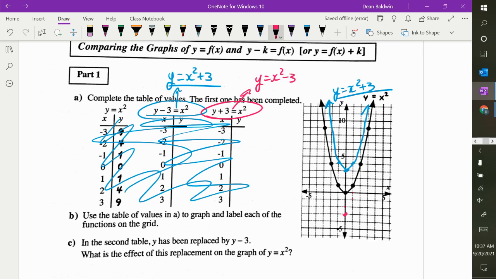This point, 1, 2, 3. You could do every one of these points. You don't have to. So that's what we did last unit. Okay, so there's the graph of x squared minus 3. We good?